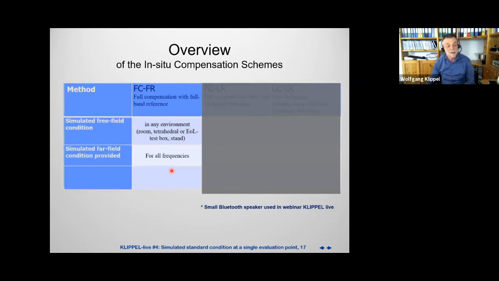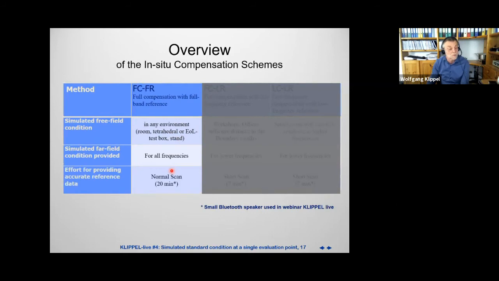We can then also generate simulated far field conditions for all frequencies, but we need accurate reference data over the full audio band. That's why we need here a normal scan, and for this speaker here, it took me about 20 minutes. So for a larger loudspeaker, it takes longer.